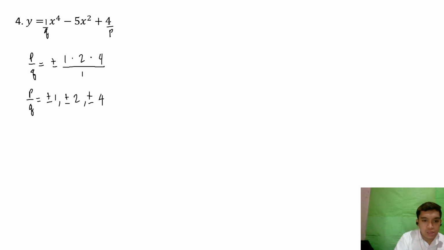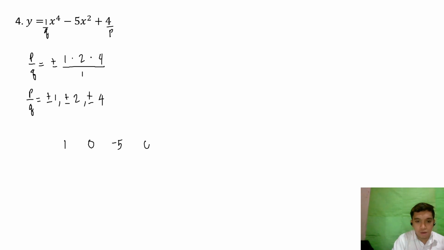Okay, so isulat natin dito yung ating mga coefficient ng ating mga terms sa ating polynomial function. So 1, negative 5. Okay, so dito class, since wala tayong x cube, what we are going to do here is mag-add tayo ng 0. So 1, 0, then negative 5, at saka wala din tayong x dito.